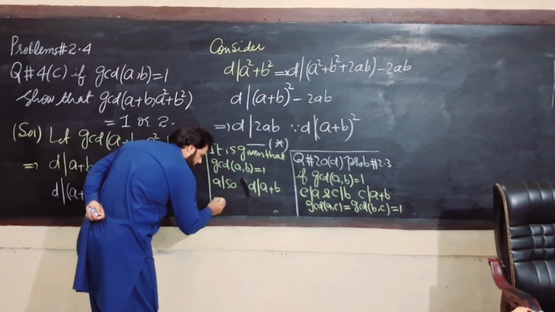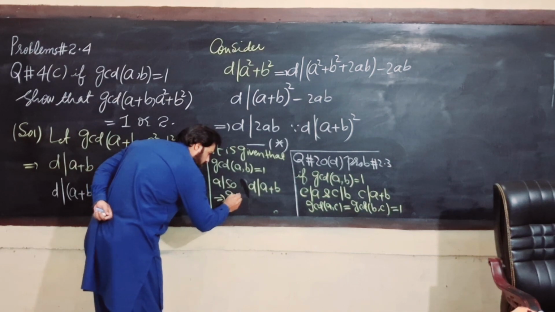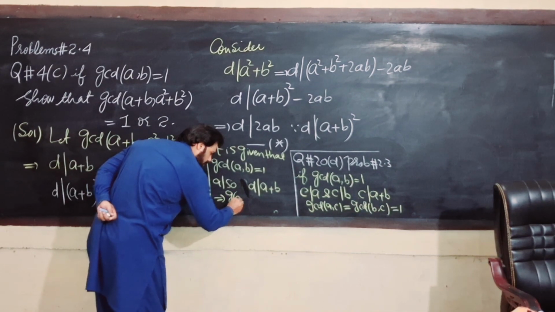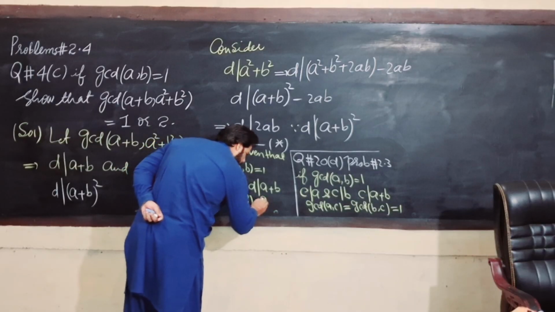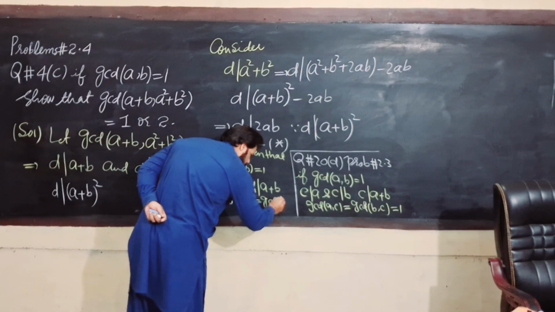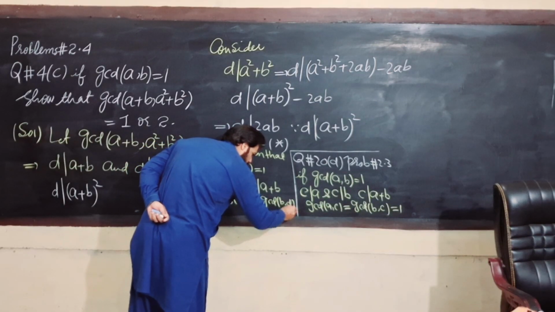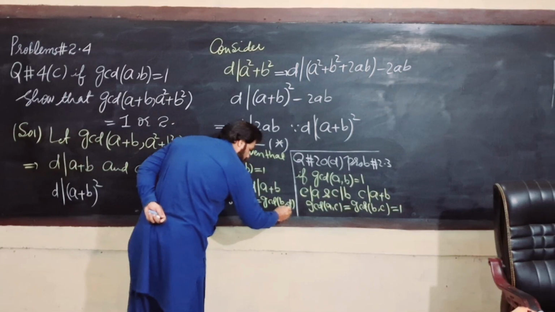This implies GCD of A with D is equal to GCD of B with D, and both are equal to 1.